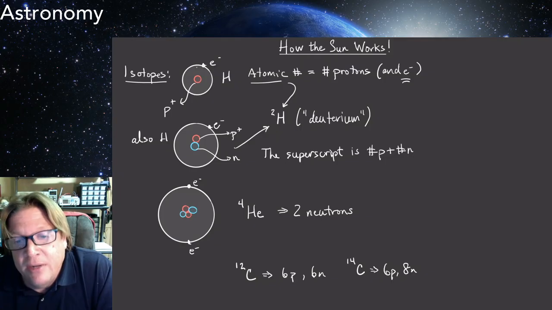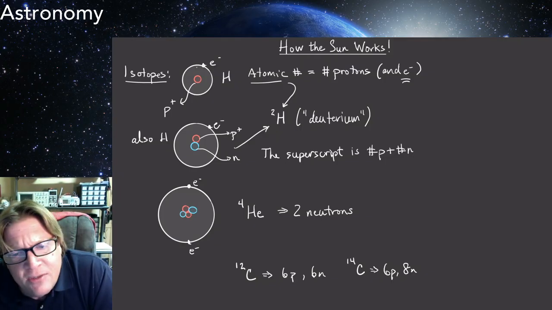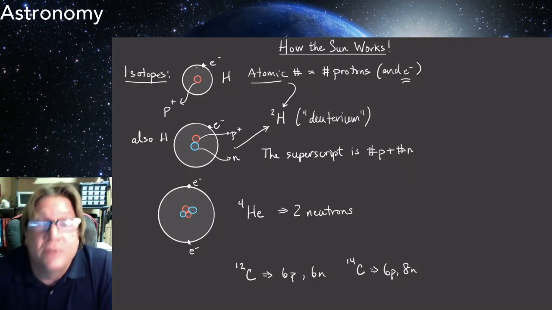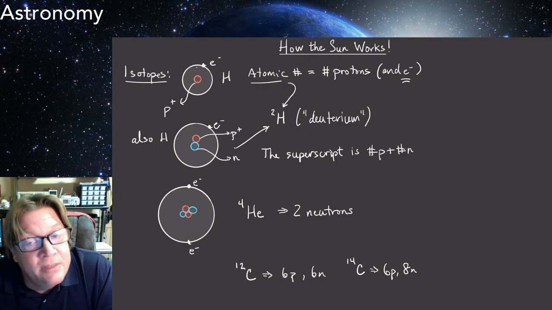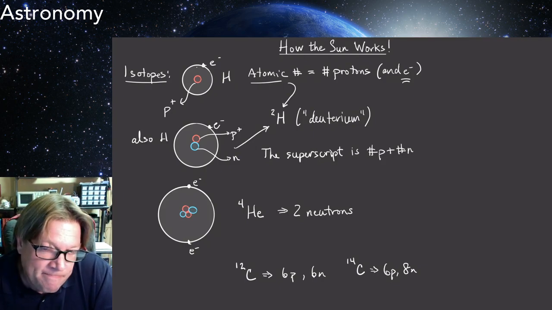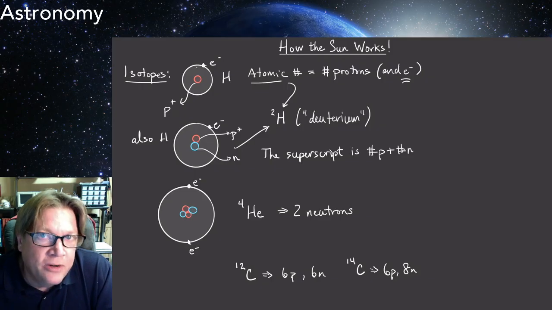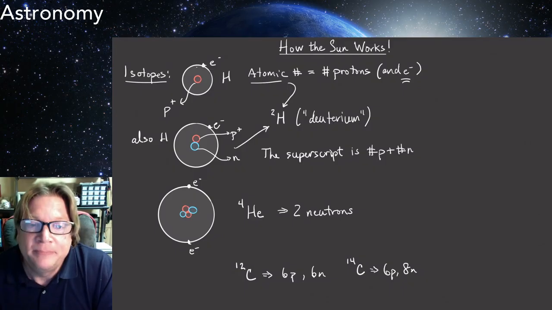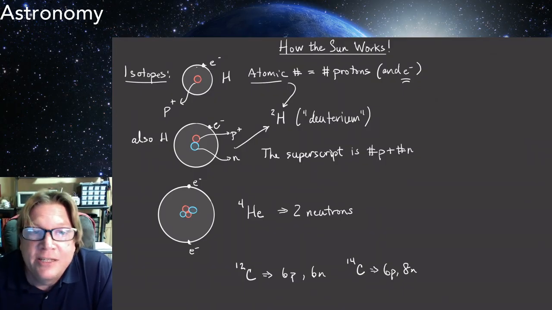So by knowing the chemical element symbol and then the number, you can write down how many protons and neutrons the thing has. Generally speaking, most isotopes are unstable compared to the regular element. Okay, so that's how isotopes work.